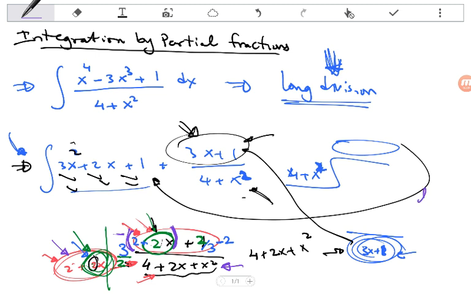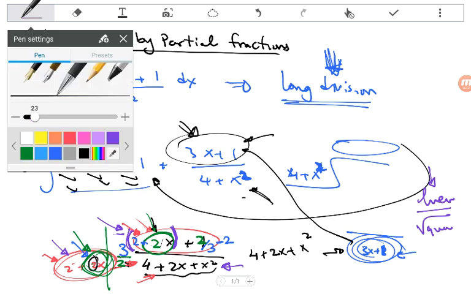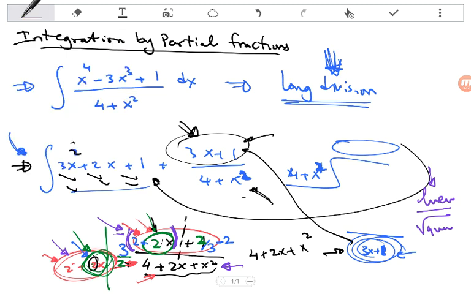If the expression was linear over root quadratic, I would deal with it in the same way. Now after I have expressed the numerator in terms of the derivative, I separate it.